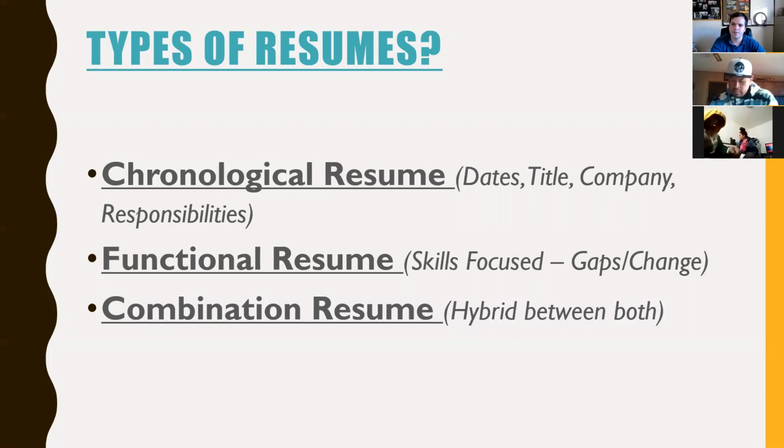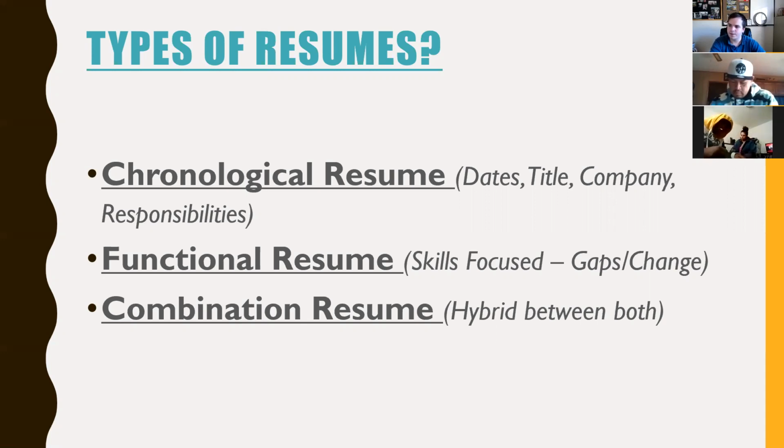You're just going to include the skills that you've acquired. It's very helpful for individuals who maybe have some employment gaps or possibly are trying to switch career fields, let's say from accounting into human services or something like that. You can identify the skills that will translate from one career field to another.